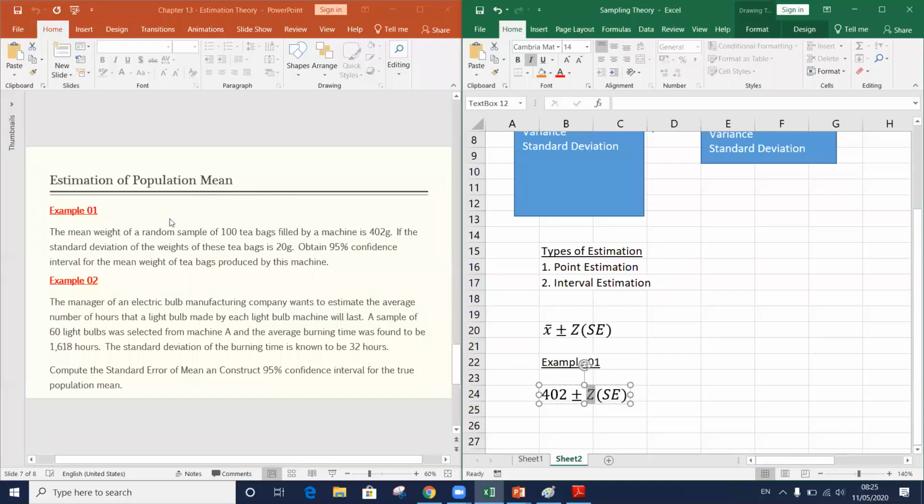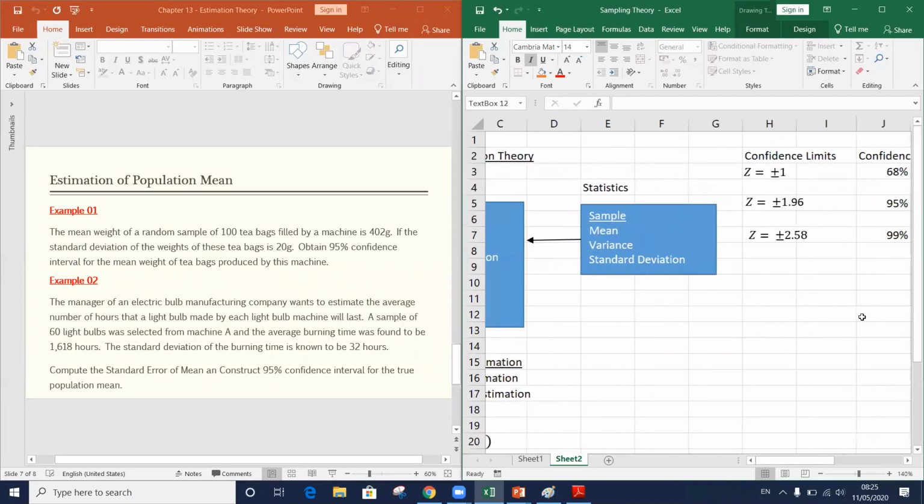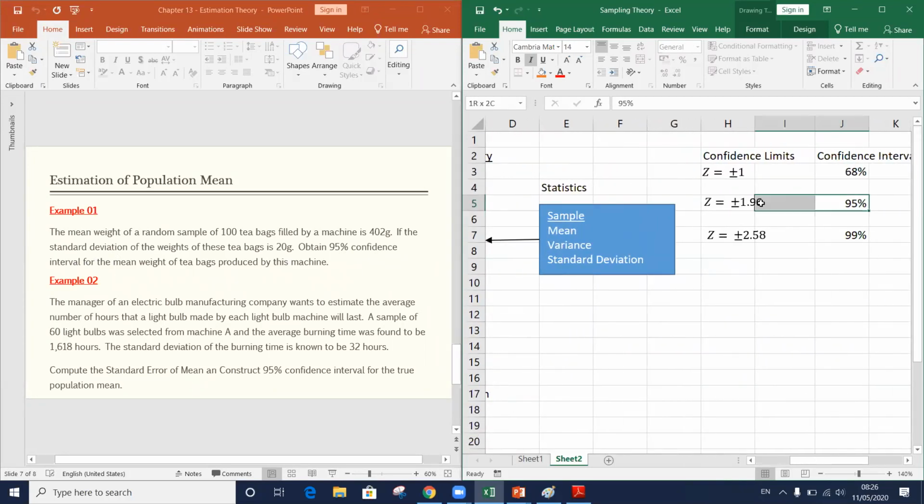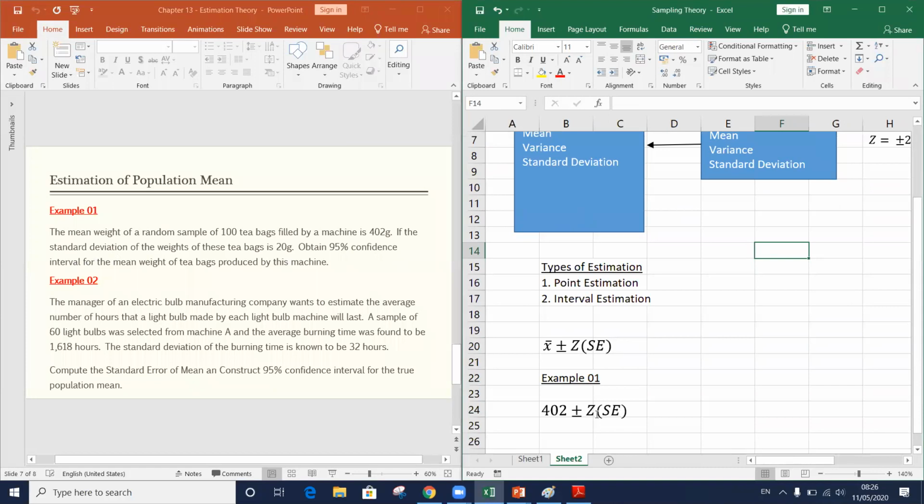Confidence interval එක වෙනස් වෙද්දී Z value එකත් වෙනස් වෙනවා. 95% confidence interval කිව්වොත් Z value should be plus or minus 1.96.